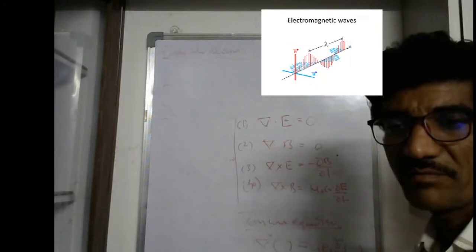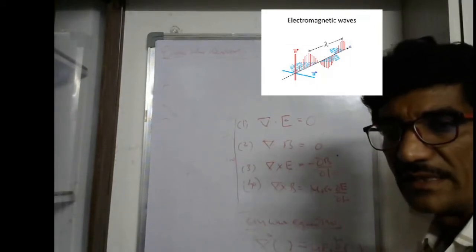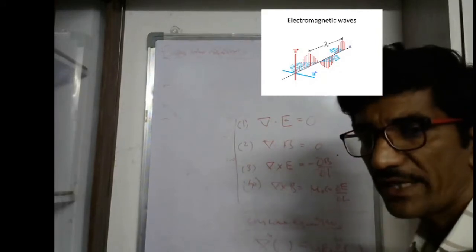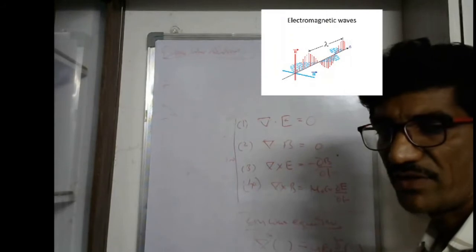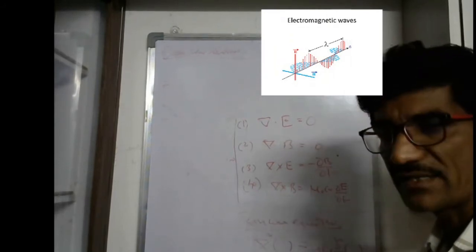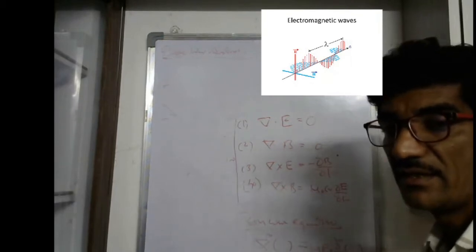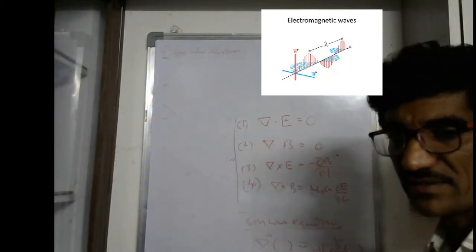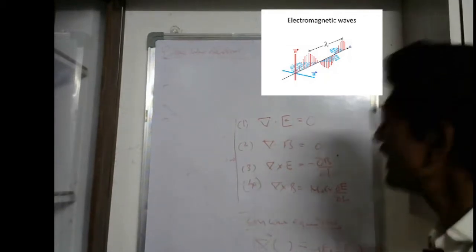We are taking the plane wave approximation. That means the wave is propagating in one direction. Suppose that your wave is propagating in the z direction. Then that wave does not have any x and y dependence. Then we call those waves plane waves.